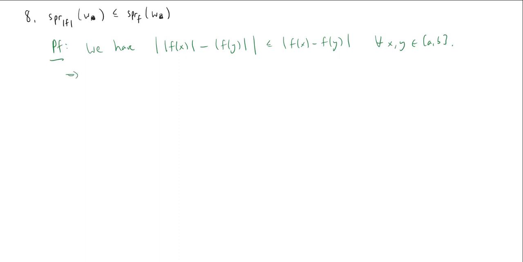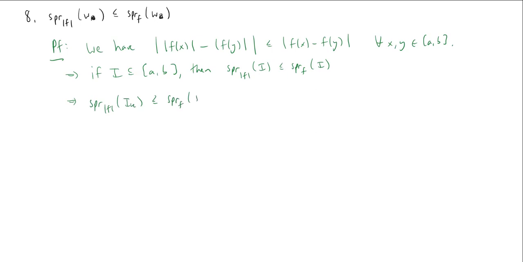if I is a subset of [a, b], then again by the previous problem, I would know that the absolute value of f spread on I is less than or equal to the f spread on I. Okay, and this is true for any I subset of [a, b], in particular when I write down all of my I_k's corresponding to W. So this implies that the absolute value of f spread on I_k is less than or equal to the f spread on I_k for all k equals 1 to n.